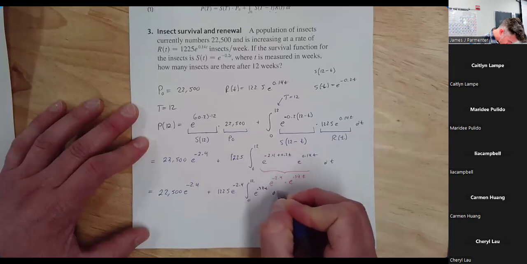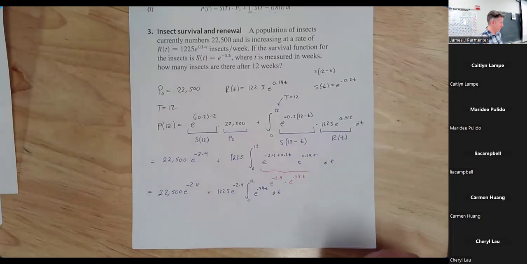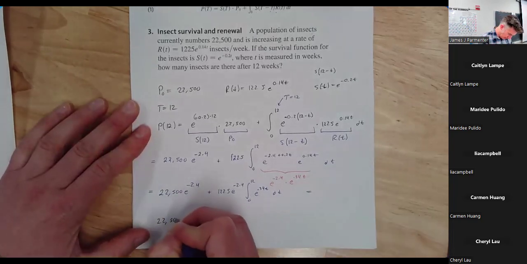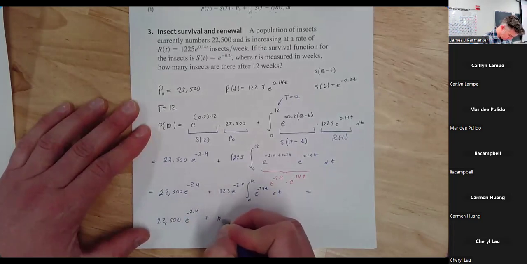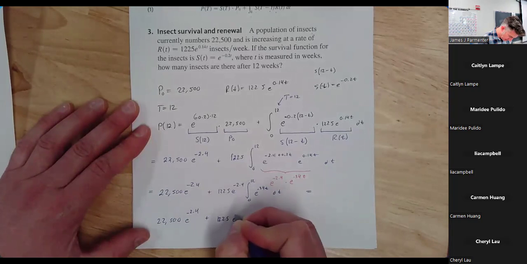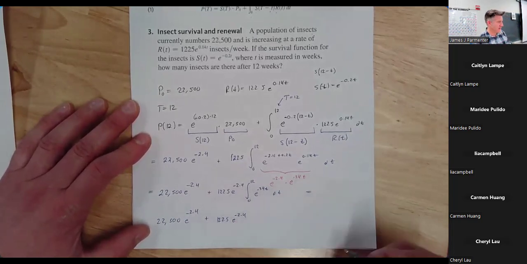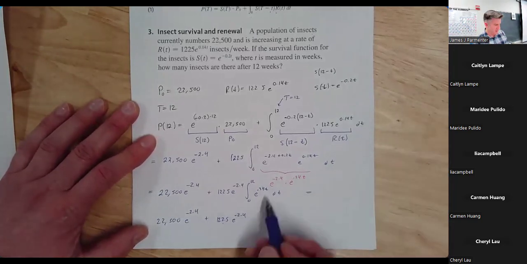And then integrating e to the 0.34 t is pretty straightforward. We're going to get 22,500 e to the negative 2.4 plus 1,225 times e to the negative 2.4. I guess I could combine those together. Oh, no, I can't. That's a giant lie I just said. Don't listen to me. I can't combine those together. This is still multiplied by the integral there.